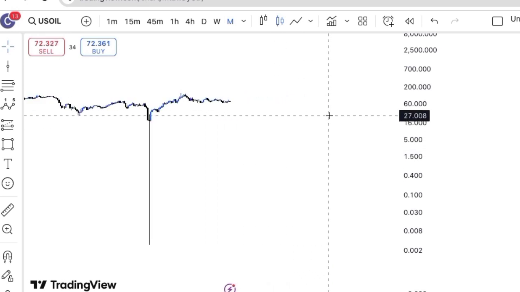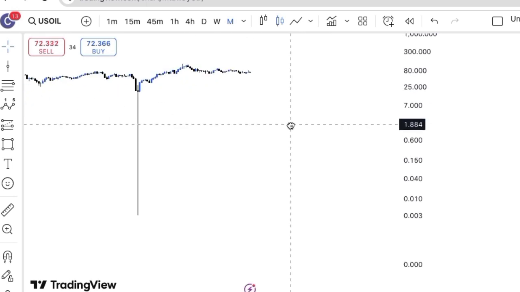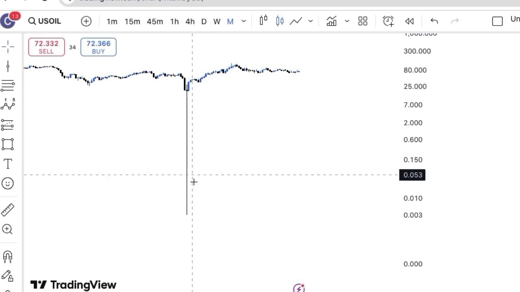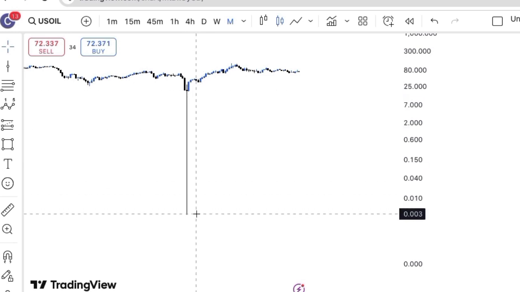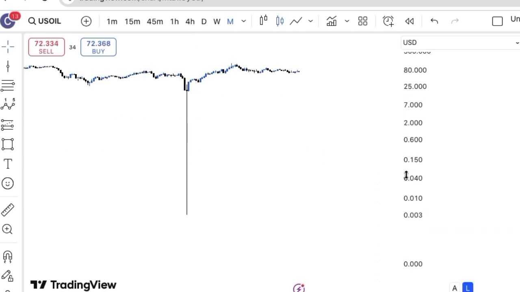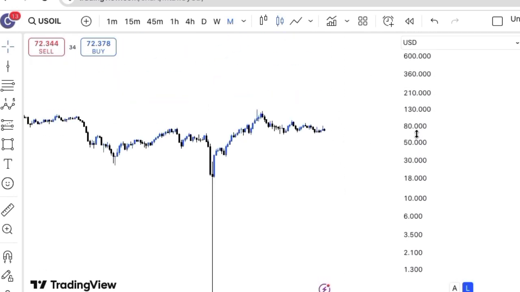This week shows that this market went down deep to this level and went back up. That is the volatility we are talking about.